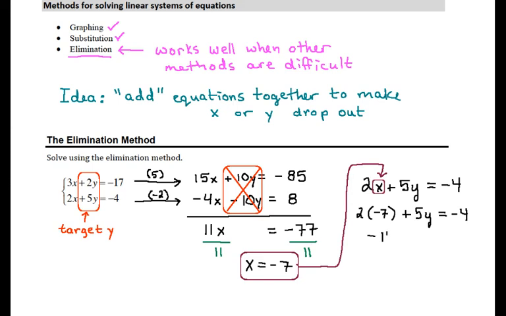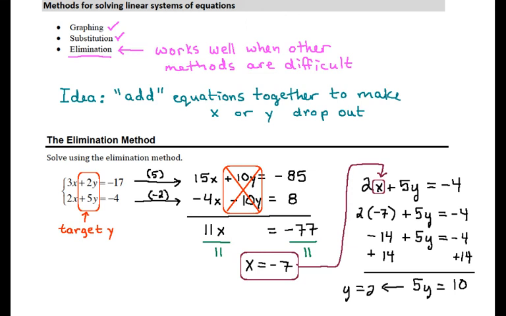This becomes negative 14. Adding 14 to both sides gets me 5y equals 10. And then dividing both sides by 5, of course, gets me y equals 2. So I have as my solution the ordered pair (negative 7, 2).